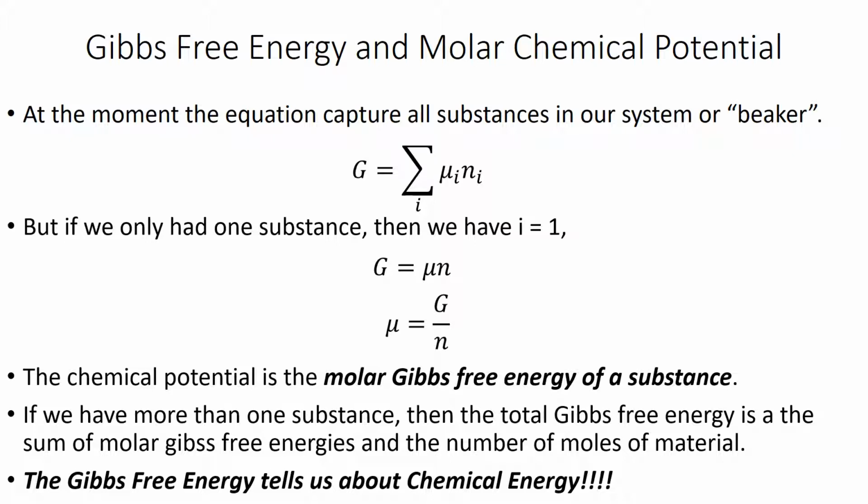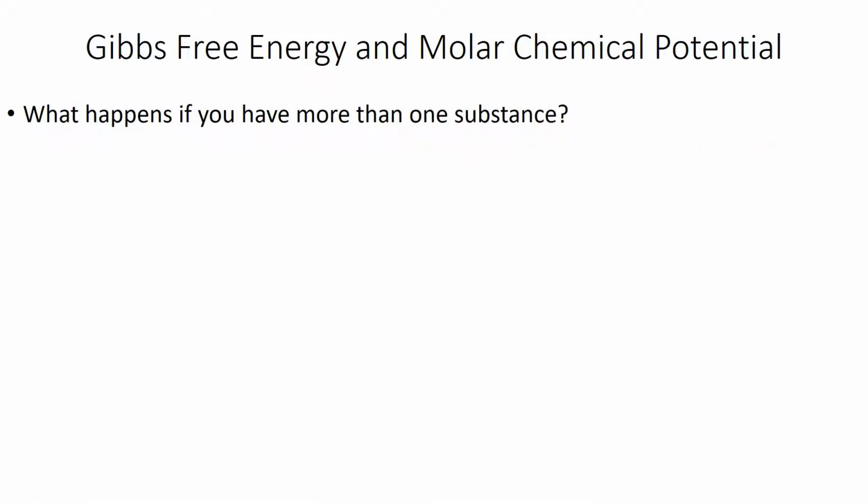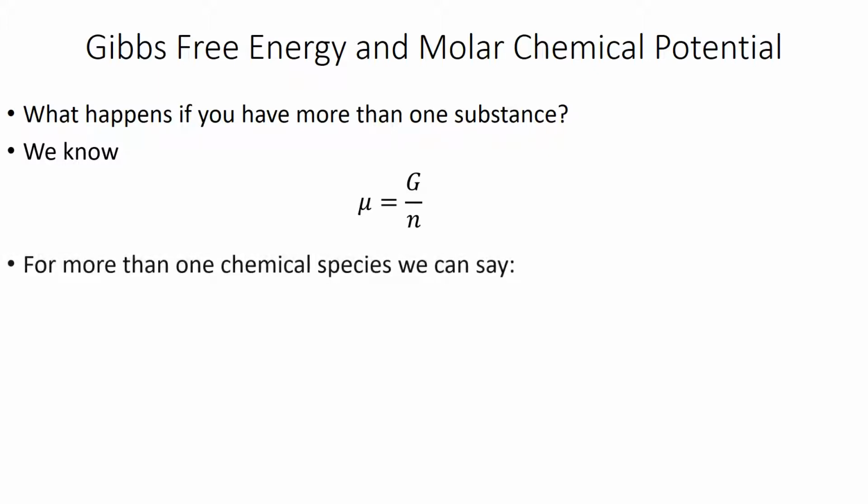All right. Now what happens if you have more than one substance? Well, we now know for one substance this is true. Chemical potential is the Gibbs free energy divided by the number of moles. For more than one chemical species, let's just remind ourselves that G is the sum of all the chemical potentials times their molar quantities.